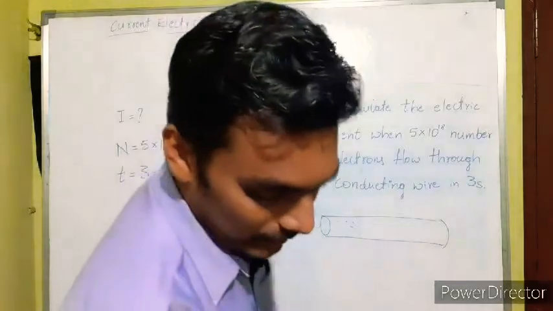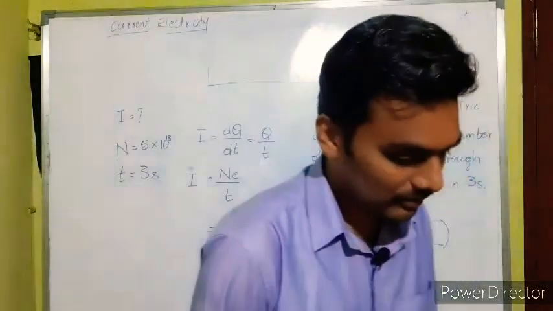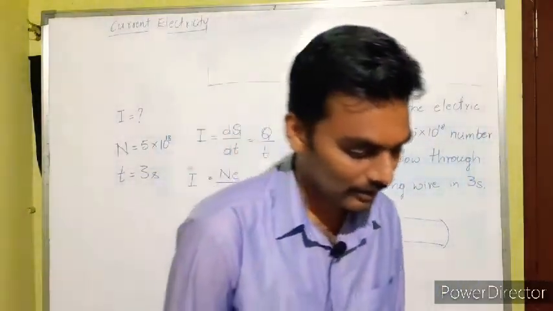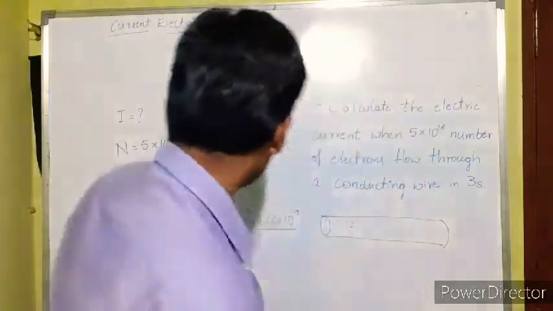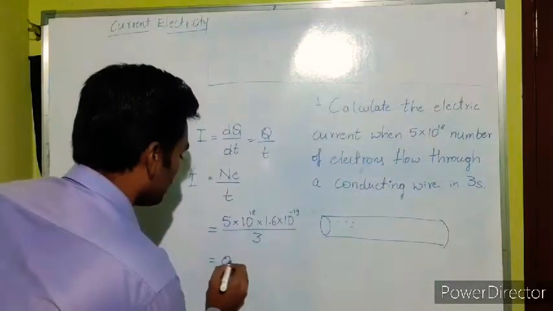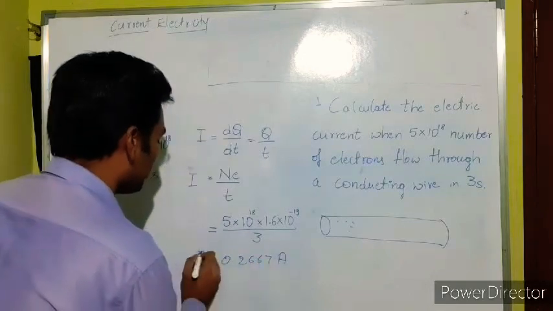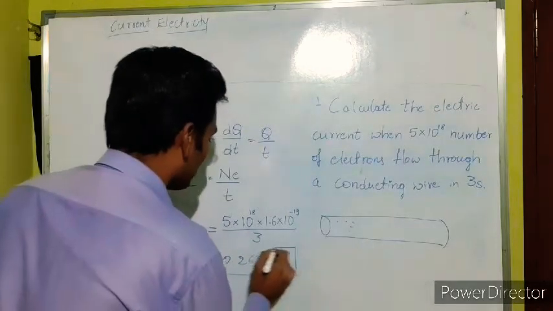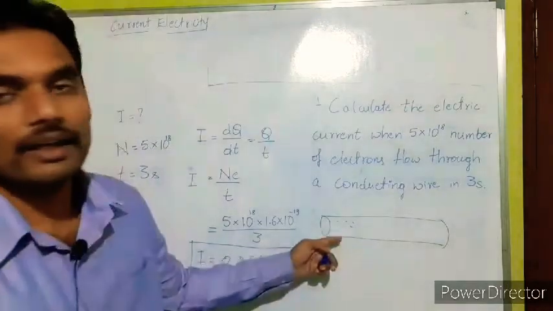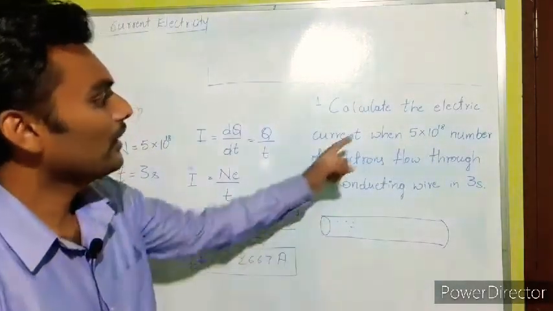Make use of a calculator, and after calculating you'll get the value of current I is equal to 0.2667 ampere.